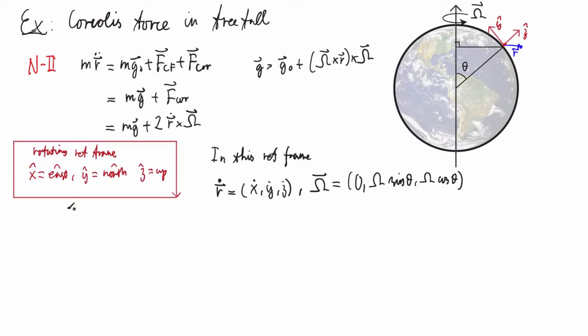Now if you want to calculate the Coriolis force, you have to calculate the quantity r dot cross the vector omega, and you should be able to show relatively quickly that that's equal to the following.